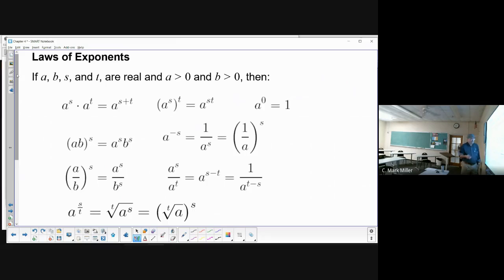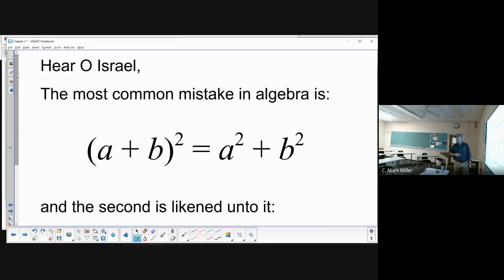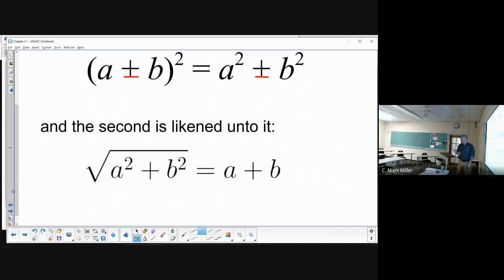And I can explain why too. You kind of distribute it here over division, but not if there's a plus in the middle or a minus, right? So this is also not true. If it's a minus there, it doesn't equal that. The second mistake is likened unto it. And this is so tempting to do.